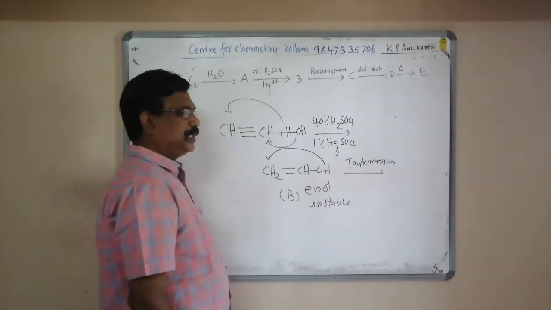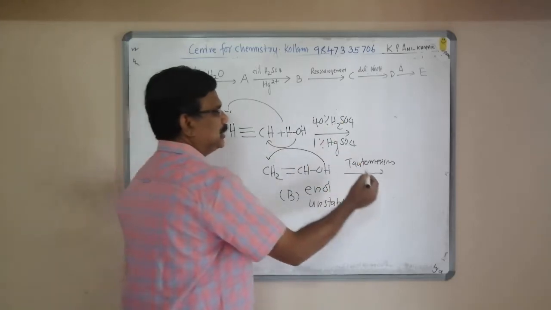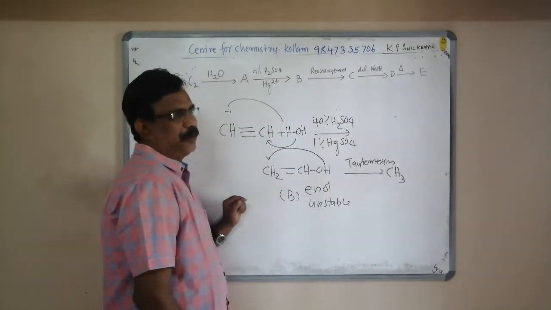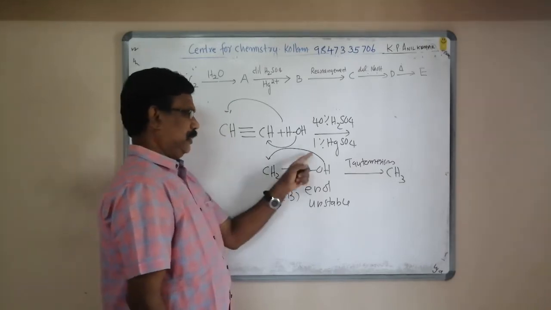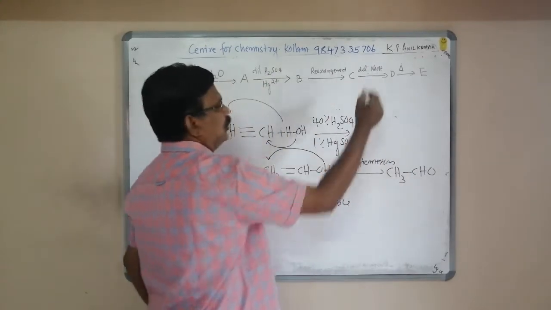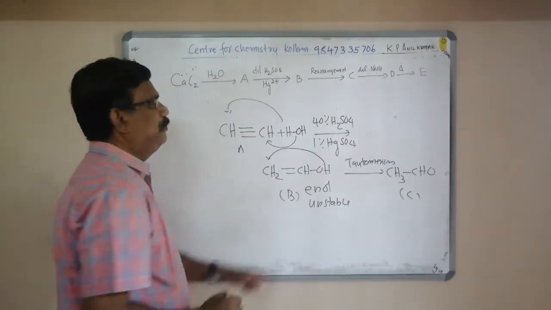H plus goes to this carbon, the double bond becomes single. So answer C is CH3, single bond CHO. That is the rearrangement. This is capital C.